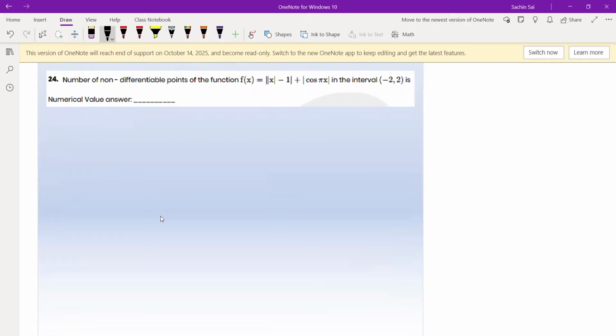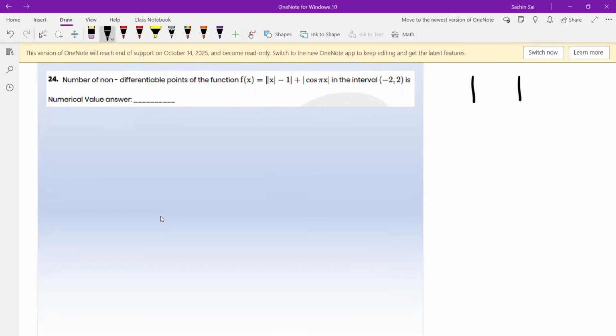Question 24, number of non-differentiable points of the function. So one important piece of advice here, it is always useful to check at those values, right? Instead of directly going to conclusions, it's always useful to check at values where that expression becomes 0, right? Because if you have some expression inside the modulus function, you have to check wherever that expression is becoming 0.